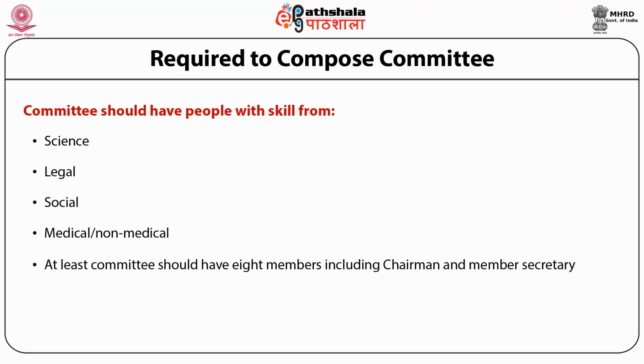These committees should be composed in the institution, and 2 or 3 people from outside, especially the social and the non-medical people, should be external. It is also found that the chairman should also be external and not from the same institution. However, the member secretary can be from the same institute.